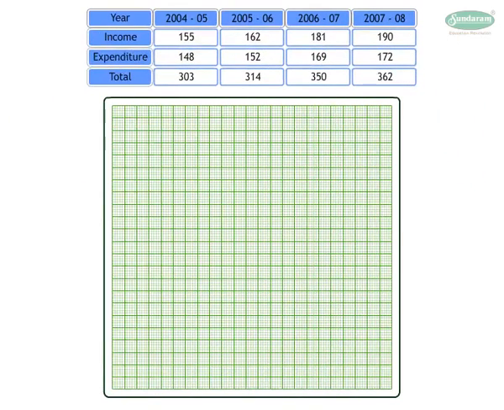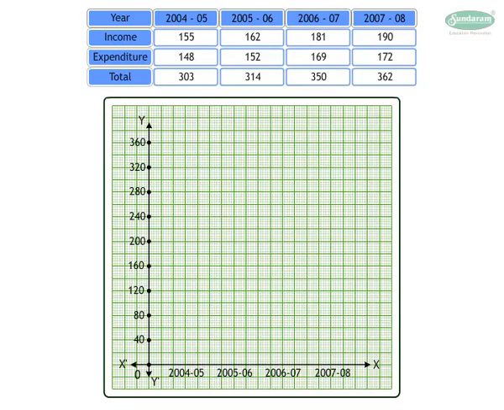On graph paper, let us draw x-axis and y-axis, leaving one box from left and one box from bottom. Let us take a scale of 1 centimeter equal to 40 lakhs on y-axis. On y-axis we place numbers 40, 60 and so on up to 380 on every block.